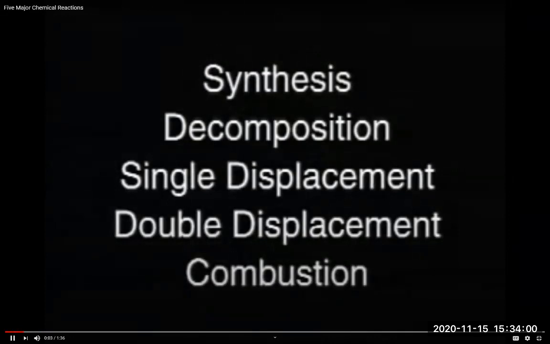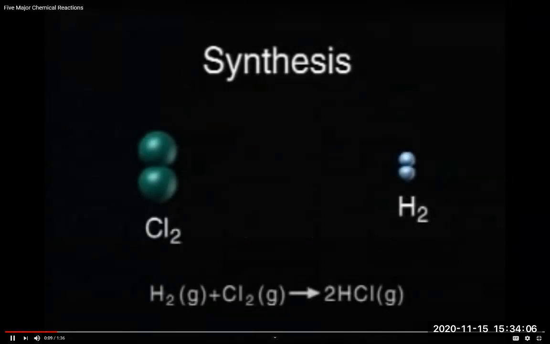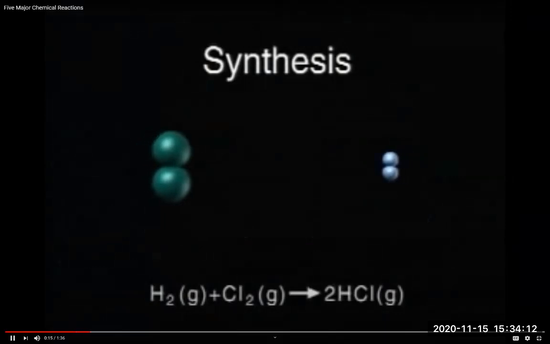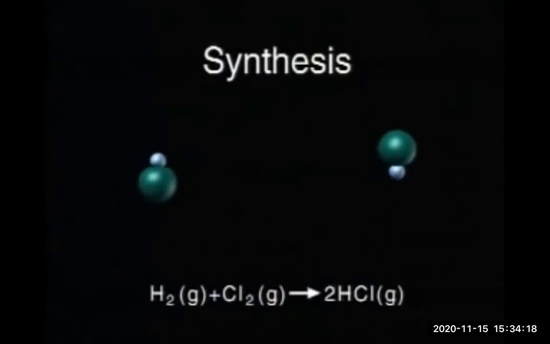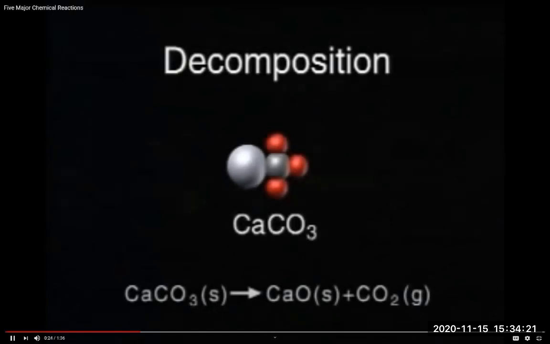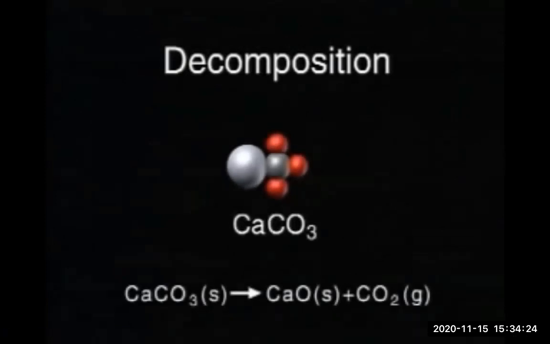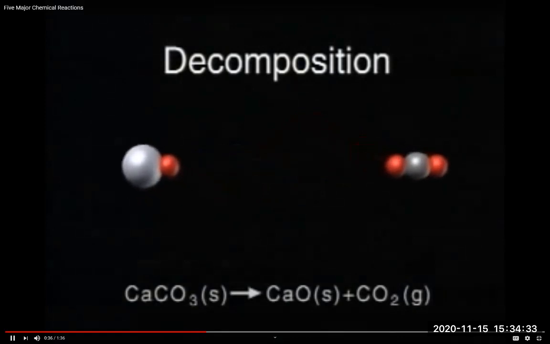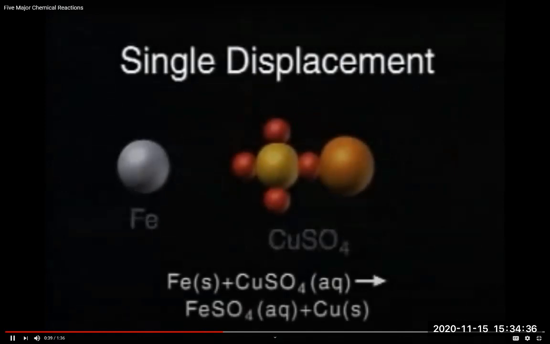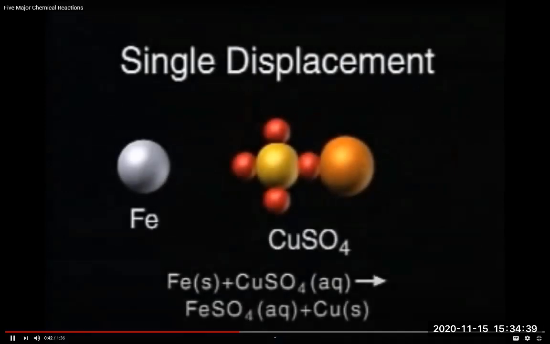There are 5 major classes of chemical reactions. A synthesis reaction is when 2 or more substances combine to form a single product. In a decomposition reaction, a compound breaks down into 2 or more simpler substances. A single displacement reaction is when one element takes the place of another in a compound.